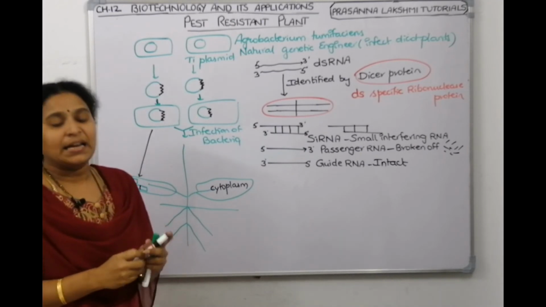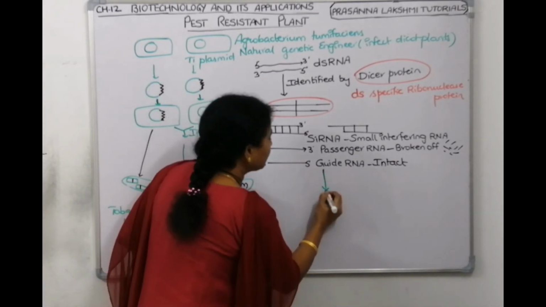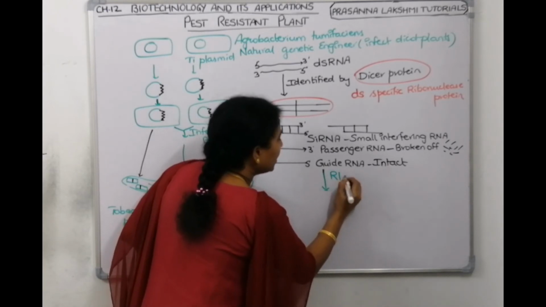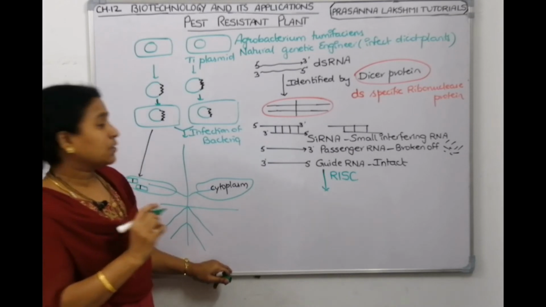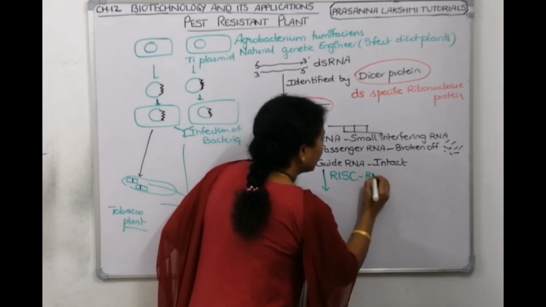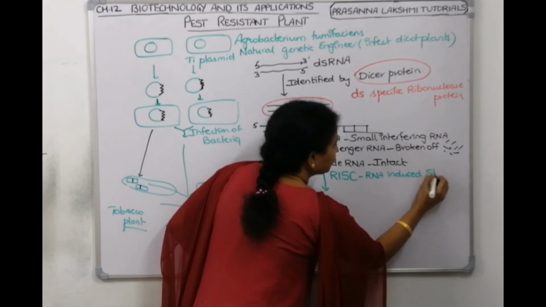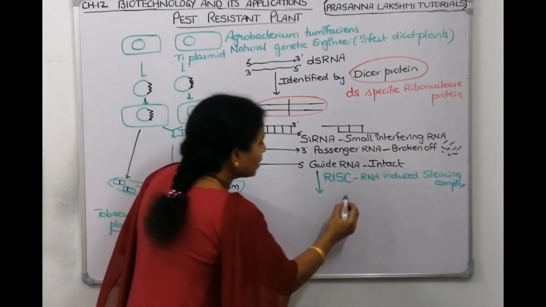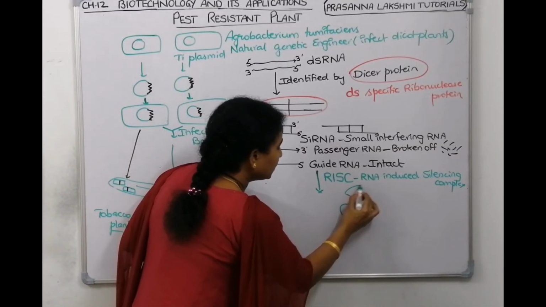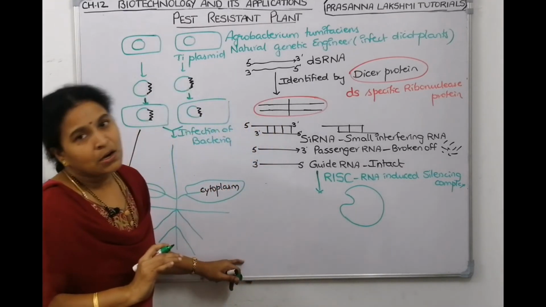Now, this guide RNA is identified by one more complex, which is called RNA Induced Silencing Complex. What is it called? I'll try to show. This is called RNA Induced Silencing Complex.